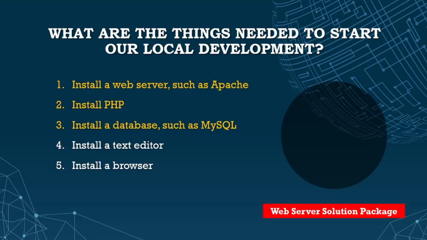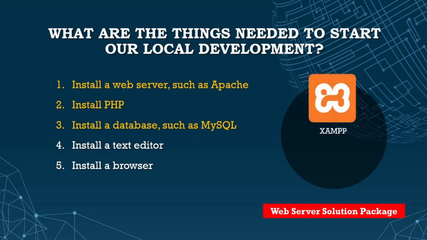So, basically, meron tayong sinasabing web server solution package in which it can contain yung Apache web server, install PHP, yung PHP, and then of course yung database. Kagaya ng XAMPP. So the XAMPP is containing the Apache for the A. Actually, X is yung cross-platform.